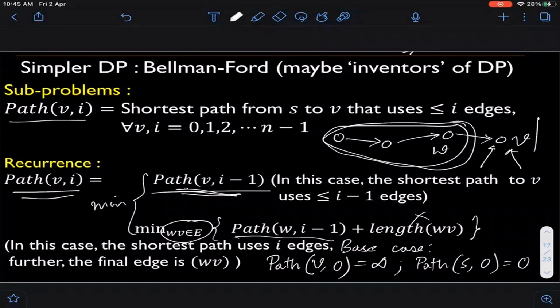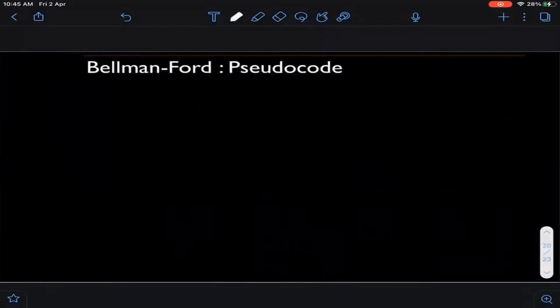So I can take that alternate path and append the last edge, and I have a better solution for path V comma I, which means the initial assumption was wrong. So that's a typical cut-and-paste argument. There is nothing fancy going on here, so I'm not writing it out. I think everyone should understand this by now. Okay, great. So then let's write the pseudocode of Bellman-Ford.